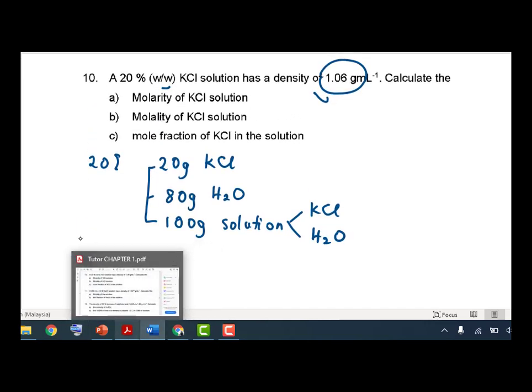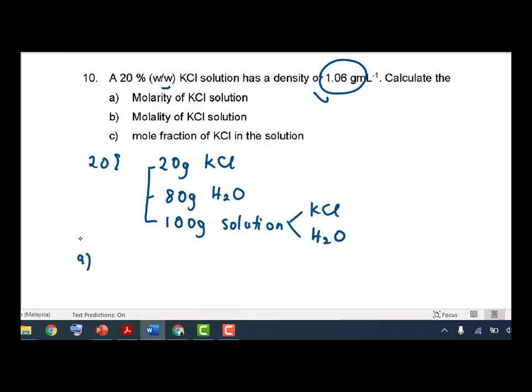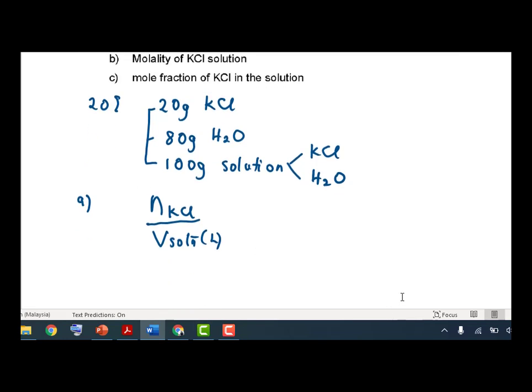How can we calculate the molarity? You have to consider the mole of KCl divided by volume of solution in liter. How can we calculate the mole? Can we determine the mole? Yes, of course, since we are given the mass in gram.